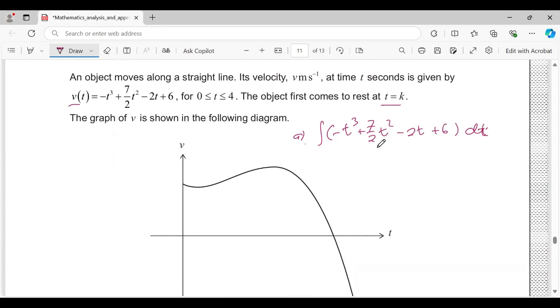So it becomes minus a quarter t to the power 4 plus 7 over 6 t cubed minus t squared plus 6t plus c. Sorry, this is the integral of v(t), I mean.